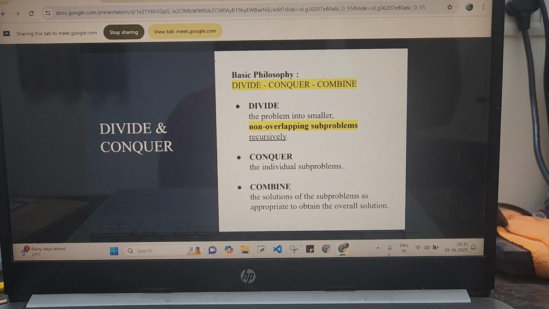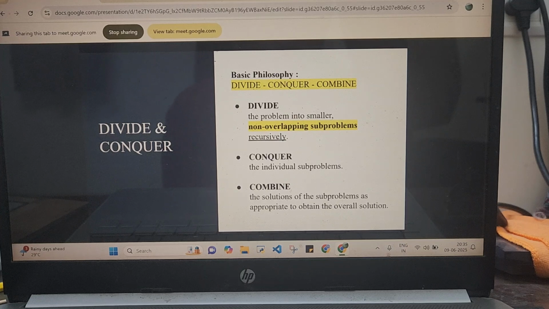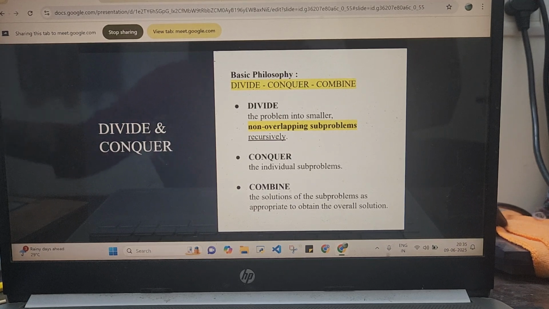What I mean by non-overlapping is, one, they should be working with completely different pieces of data. There should be no shared data between them. For instance, coming back to our example of sorting an array, if you are going to split an array at the midway point, all the elements to the left of the midway point are one array and everything to the right is another array. So there is no common element. Of course, the same number might occur at two places.